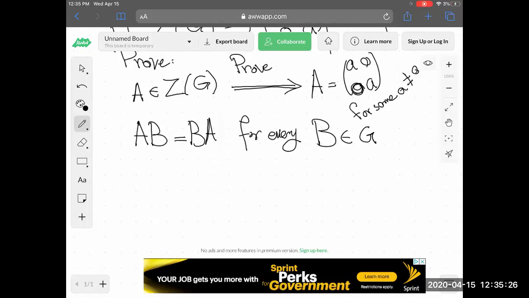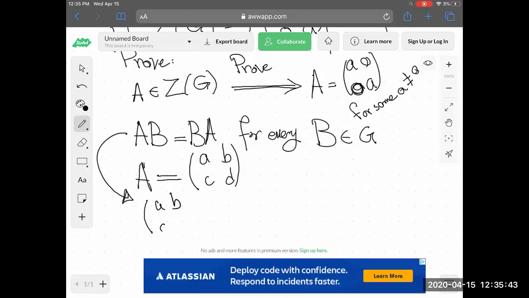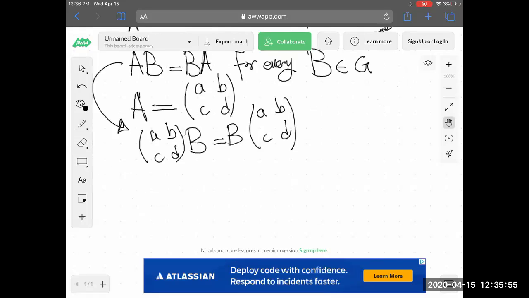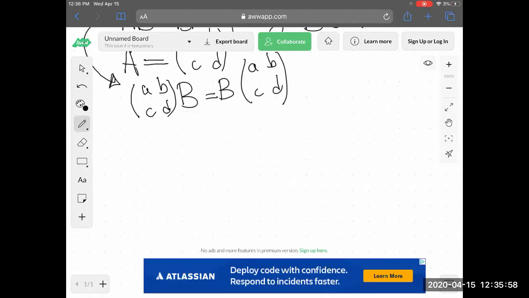Again, any 2 by 2 matrix, in this case A, has a generic form A, B, C, D. So AB equals BA means A, B, C, D times the matrix B should be B times A, B, C, D for every B. Now, we should take advantage of the fact that we can have any B we want, as long as B is invertible.